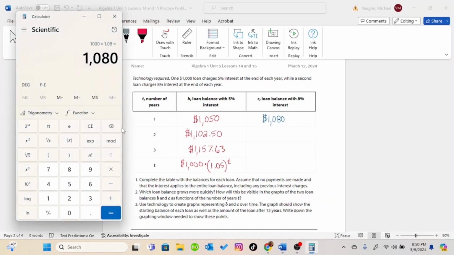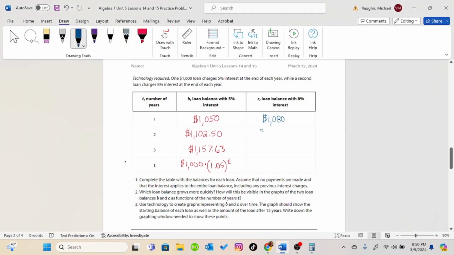After 2 years, we'll take this amount, we'll multiply it by 1.08 again. Now our balance is $1,166.40. So now we can see this extra 3% interest after 2 years has cost us approximately $64.